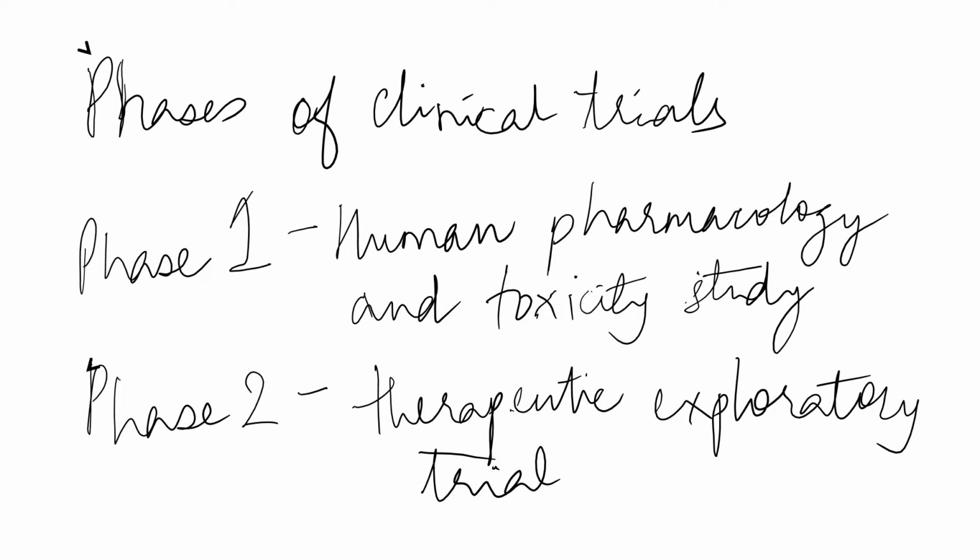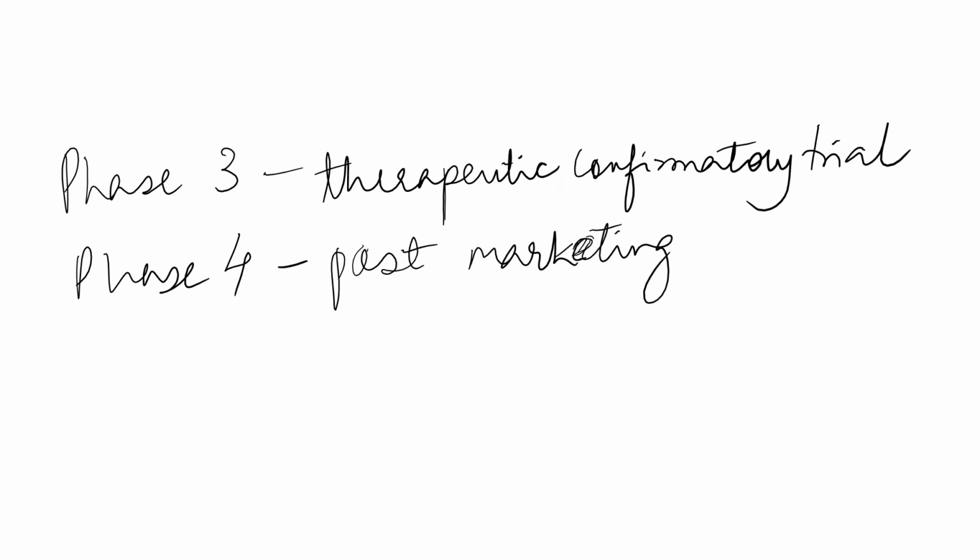As there are 4 phases, the first one is human pharmacology and toxicity study. The second one is therapeutic exploratory trial. I'll explain about it in the subsequent slides. Phase 3: what is phase 3 and phase 4?